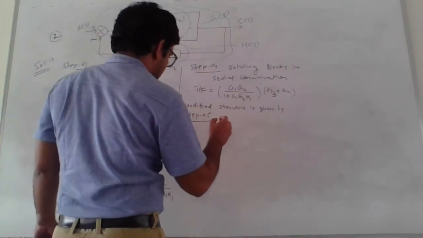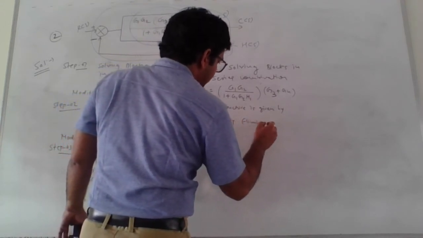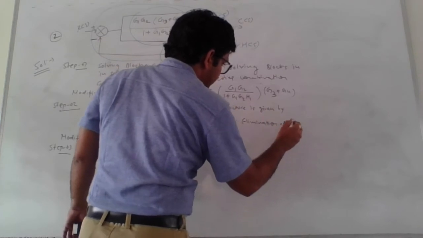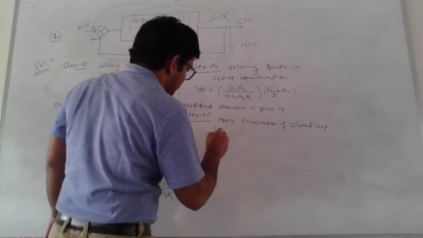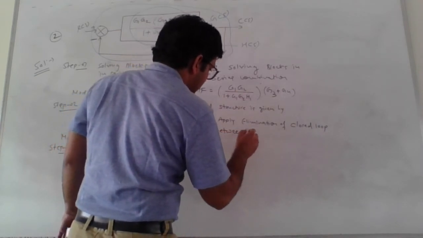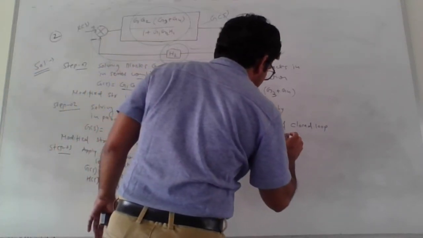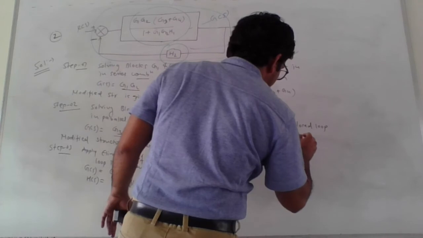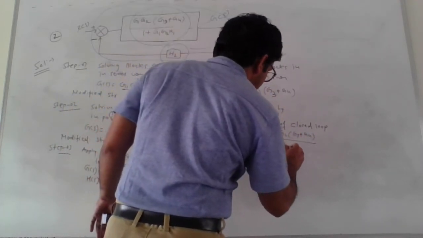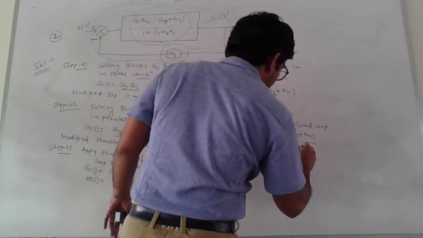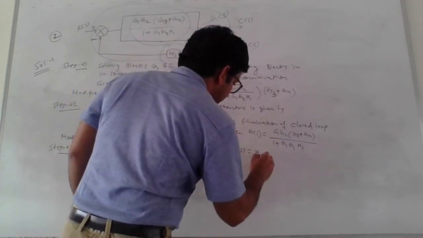Step number 5, apply elimination of closed loop between g of s, where the value of g of s is nothing but g1 into g2 in bracket g3 plus g4 whole divided by 1 plus g1 into g2 multiplied by h1, and h of s, where the value of h of s is nothing but h2.